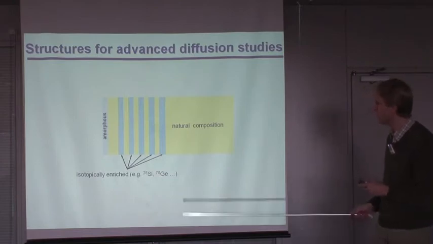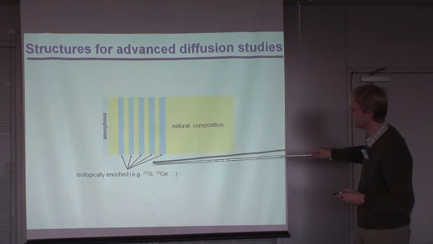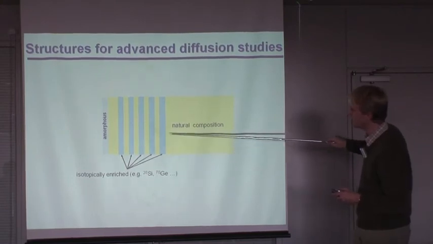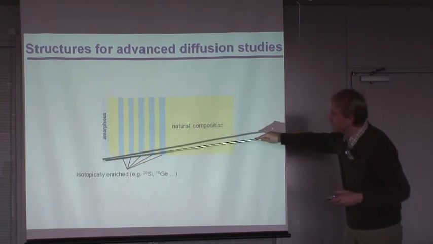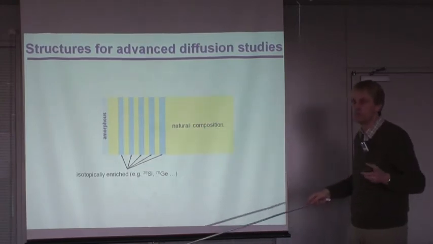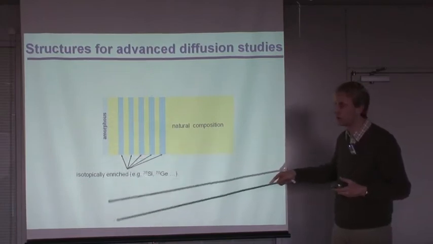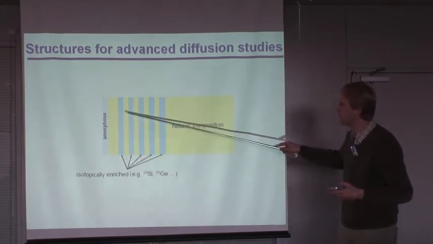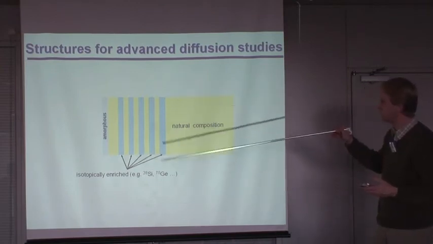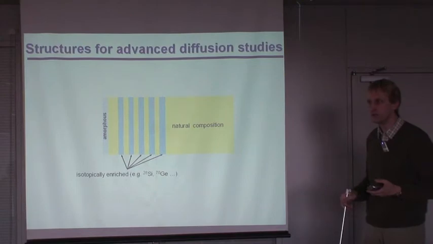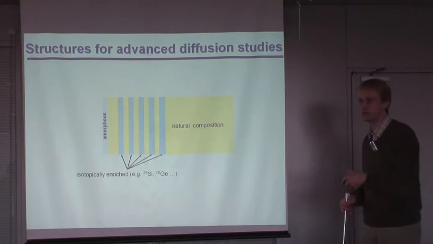So now what you can do, as indicated here, you have such a structure with a multilayer, so you have alternating natural composition and isotopically enriched compositions. Maybe you may put an amorphous layer on top and implant a dopant of interest into the amorphous layer just in order to avoid implantation damage in the crystalline structure. And then you can use such a sample for dopant diffusion experiments and see how the dopant diffusion affects the self-diffusion.